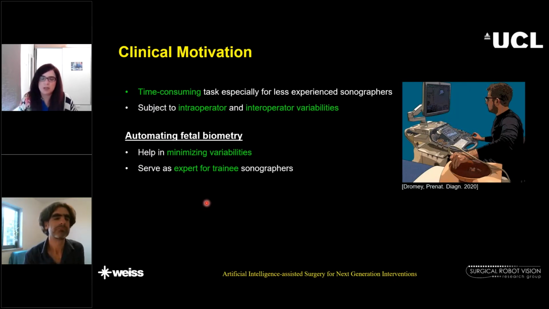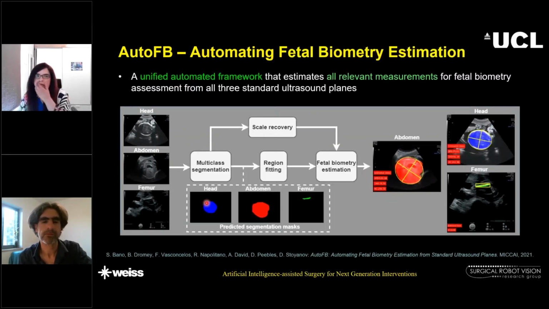So in an attempt towards automating this task, we designed a fetal biometry estimation approach, where we used anatomical site segmentation and scale recovery, and then through region fitting in these segmentation masks, we were able to estimate the biometry, and then we were able to compare it with the clinically measured one, and found that the obtained biometry was within the acceptable range.